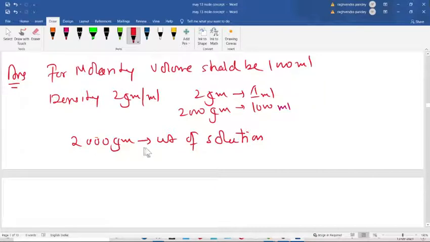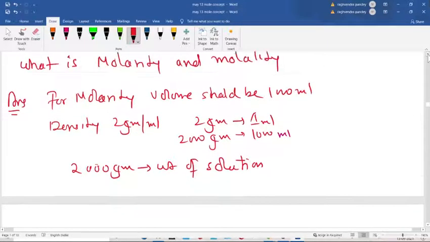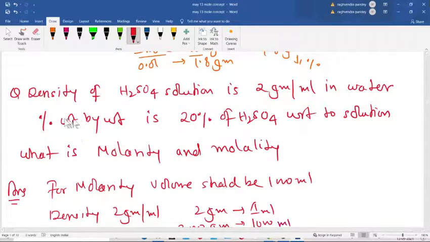So 2000 gram is the weight of solution. Everybody getting this? Okay. Now in the question, percentage weight by weight is 20% of H2SO4 with respect to solution. It means out of total weight of solution, 20% weight is of H2SO4, 80% is the weight of water. Are you getting this one?